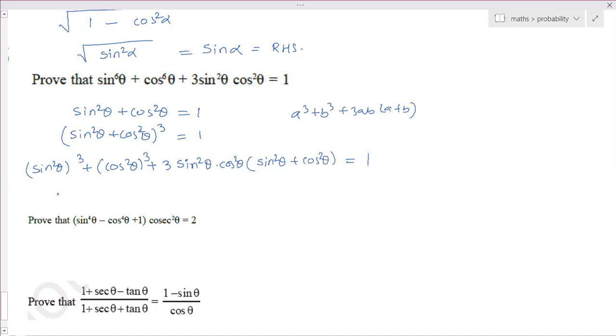Value of sine square in cube is sine to the power 6 theta plus cos to the power 6 theta plus 3 sine square theta into cos square theta. Bracket value is 1. Therefore, it is equal to 1.